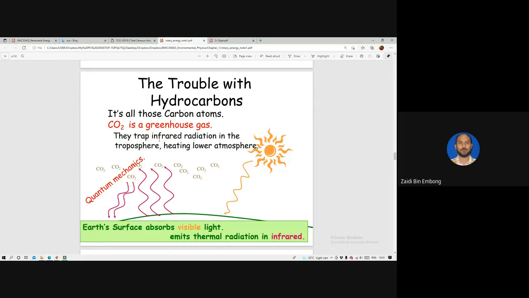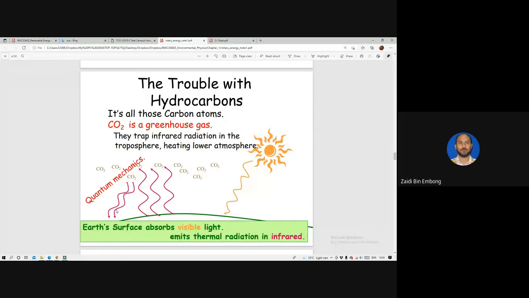Because the answer is, the heat from the ground cannot release to outer space. That is the answer. As the sun emitted some amount of power, about 30 to 40% of the sun's power reaches the surface of the Earth, and then it is reflected. The heat reflected from the surface of the Earth is not released to outer space because it's trapped by the gas.